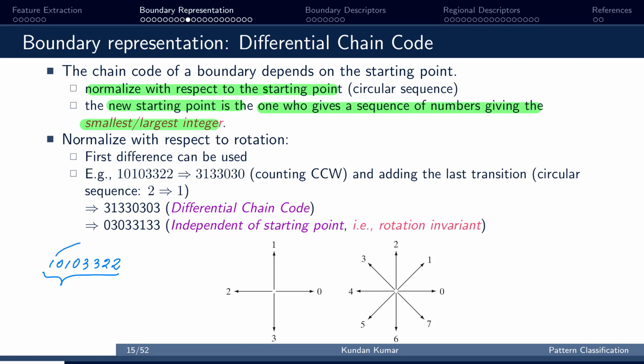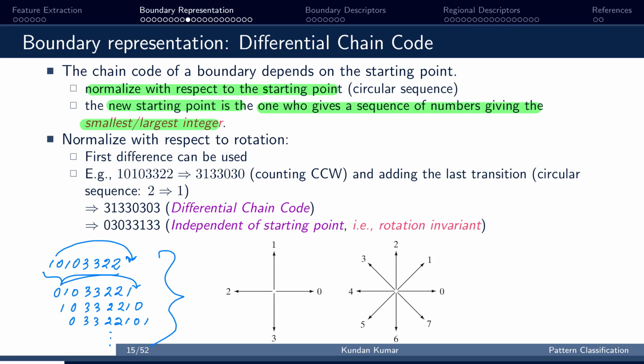That means this first one will go to the end, and our new chain code will be 0, 1, 0, 3, 3, 2, 2, 1. Next, this will go to the end, so it will be 1, 0, 3, 3, 2, 2, 1, 0, and then 0, 3, 3, 2, 2, 1, 0, 1. So in this way, we can form many numbers.